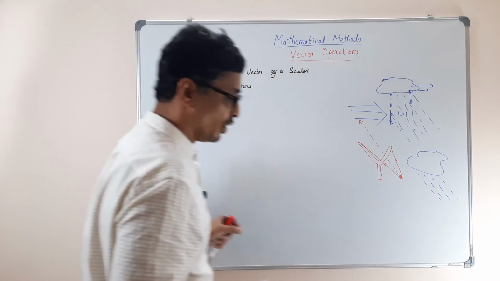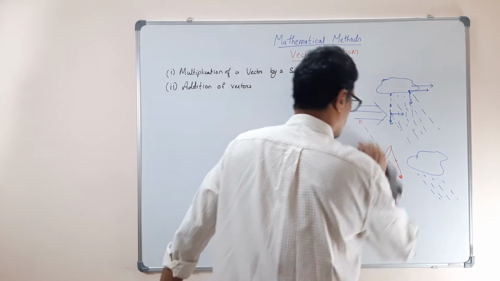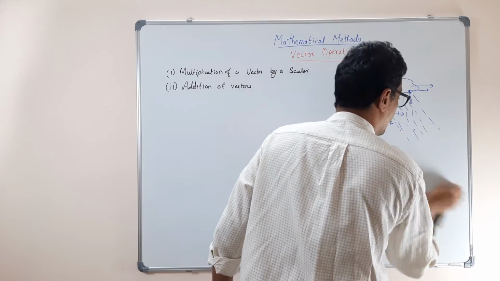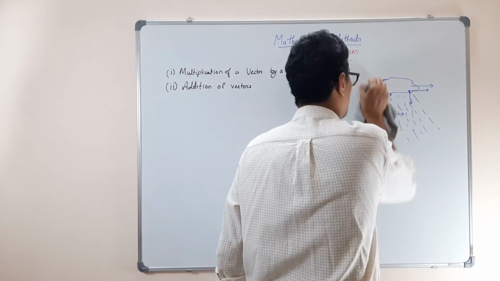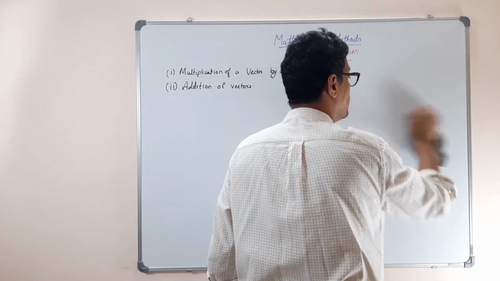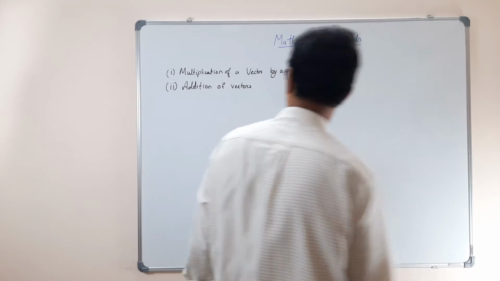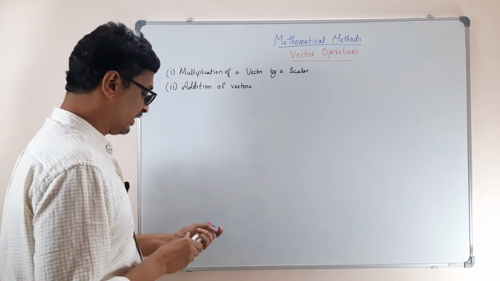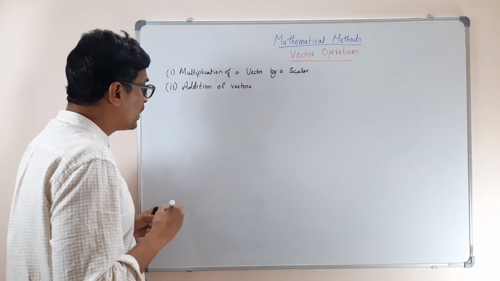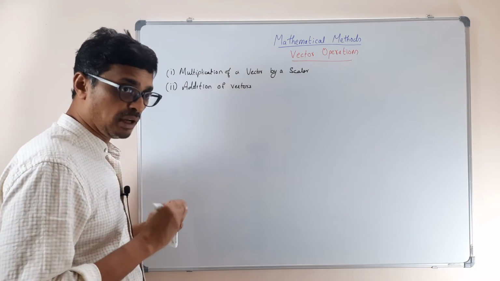Next, what you are going to see is addition of vectors when they are neither parallel nor anti-parallel. In that case, what is the typical rule they follow? We will come to it.